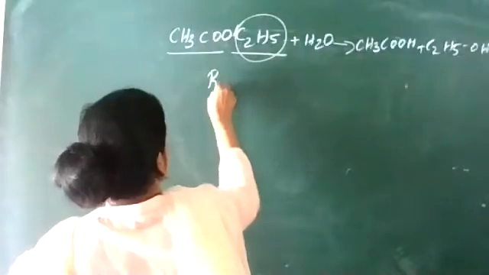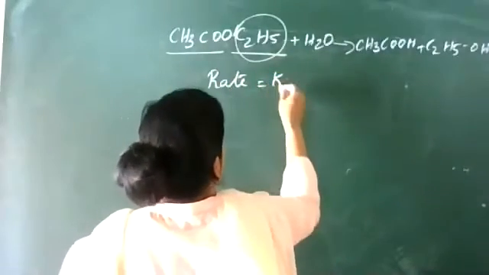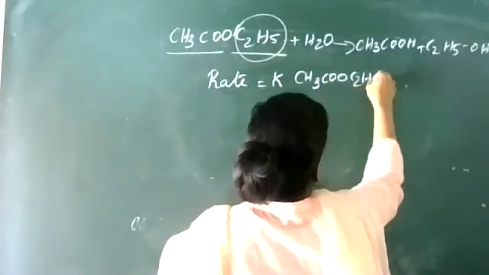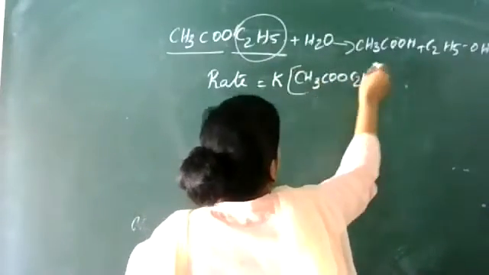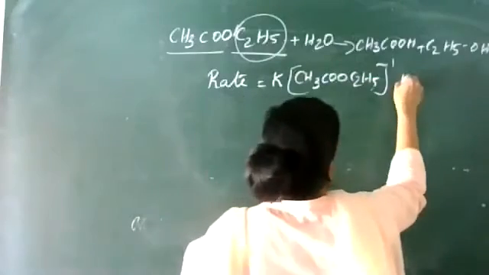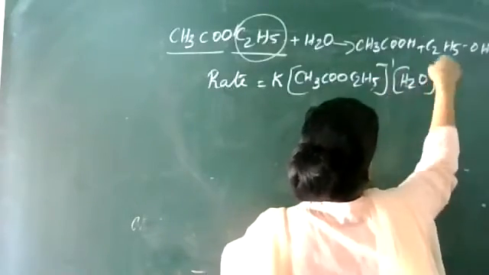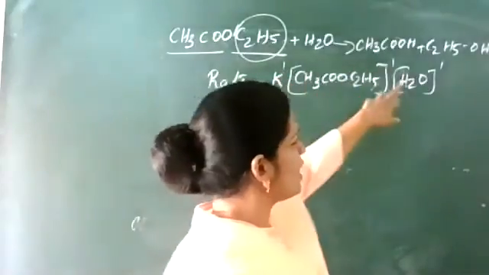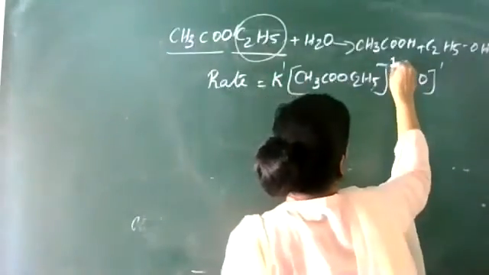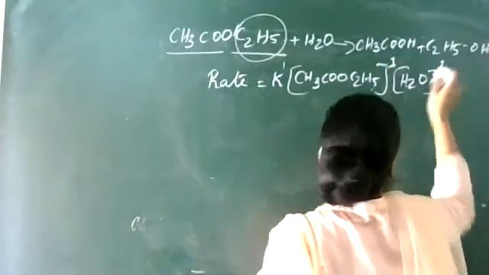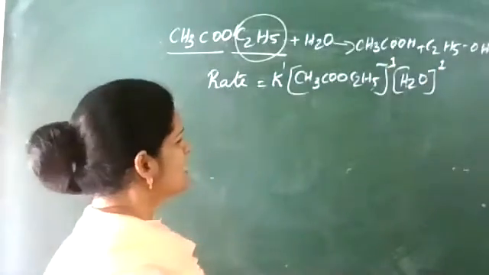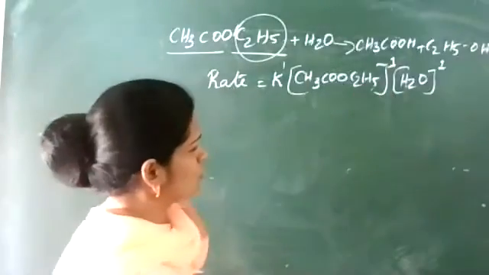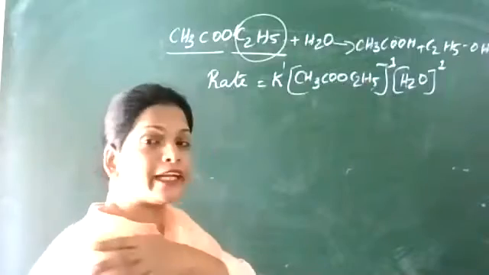So rate is equal to rate constant K dash into [CH3COOC2H5]^1 into [H2O]^1. All experimentally found. What is the order of the reaction? 1 plus 1, 2. Second order reaction.